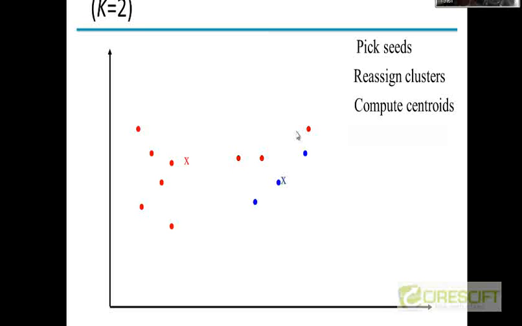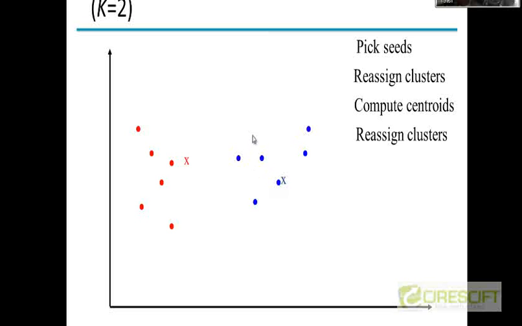X was the centroid of these 9 dots. This blue X was the centroid of these 3 blue dots. Now after these 3 changed their color to blue, we said that the value of G has gone down. The next thing that we do is we recompute this red X point and the blue X point. We recompute the two centroids.